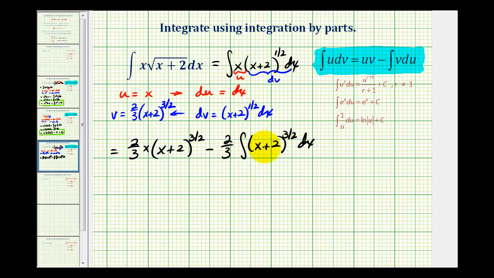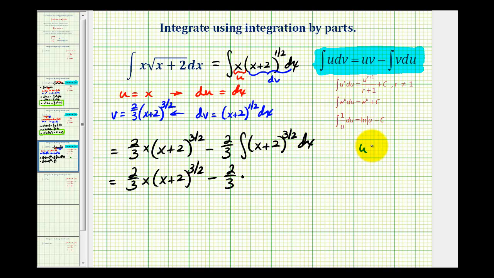Notice how this integral here does not have that extra factor of x that was causing a problem, so this integral is much easier to evaluate than the original. So we'll have 2/3 x times the quantity x plus 2 to the 3/2 minus 2/3 times the antiderivative of the quantity x plus 2 to the 3/2.